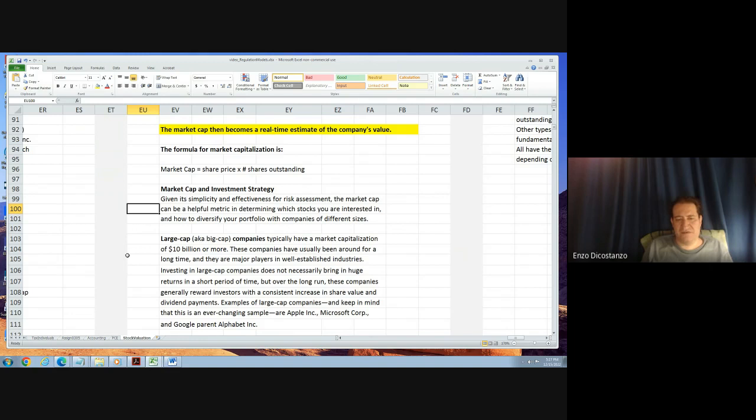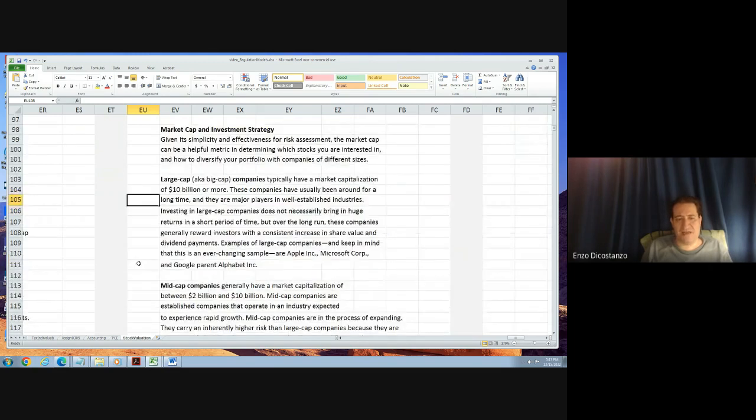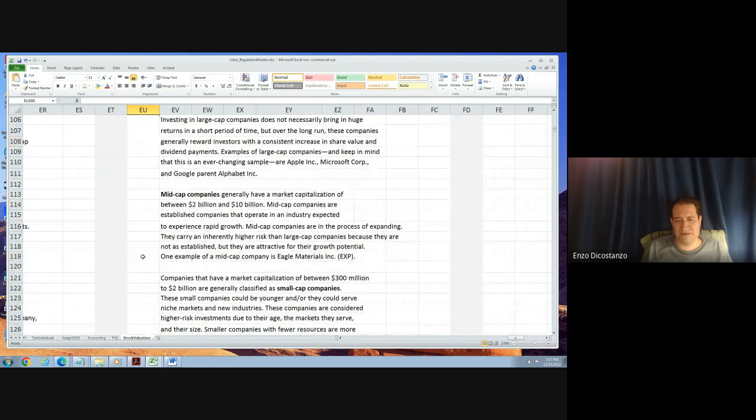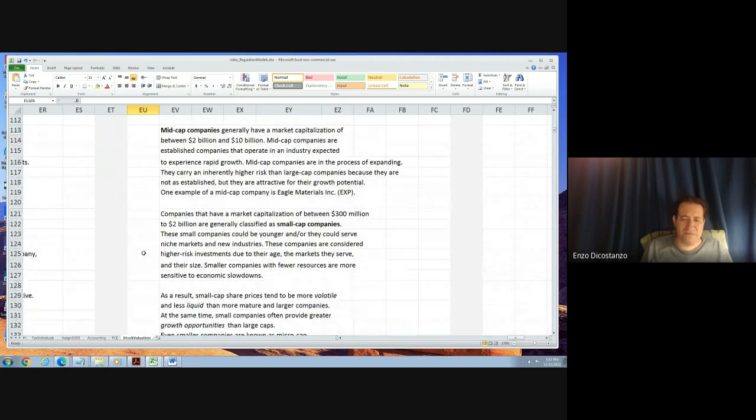And then obviously you have large cap, mid cap, and we give little definitions here. Small cap. So IBM didn't start as a gargantuan, that's for sure. Okay, as a company bigger than a lot of countries, and General Electric is a conglomerate, or was a conglomerate. So that's what's going on with that.